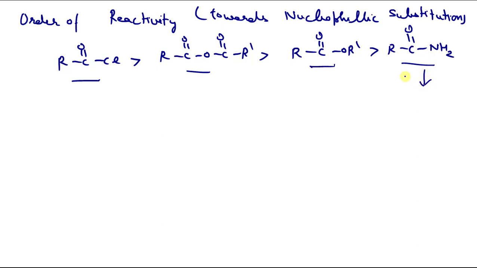So please do remember, this is very important. When we discuss their interconversion, we will use this order of reactivity, and it is quite easy. And please also go through my previous lecture where I discussed the general mechanism of substitution.